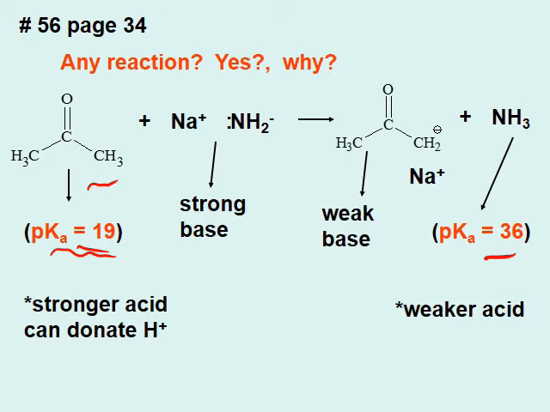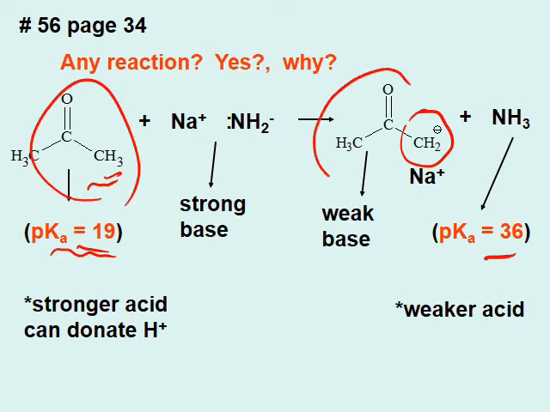Now, a stronger acid wants to donate its hydrogen as H+. And in this reaction, that's exactly what it does. From this compound, you end up with this compound, that last one, plus H+.